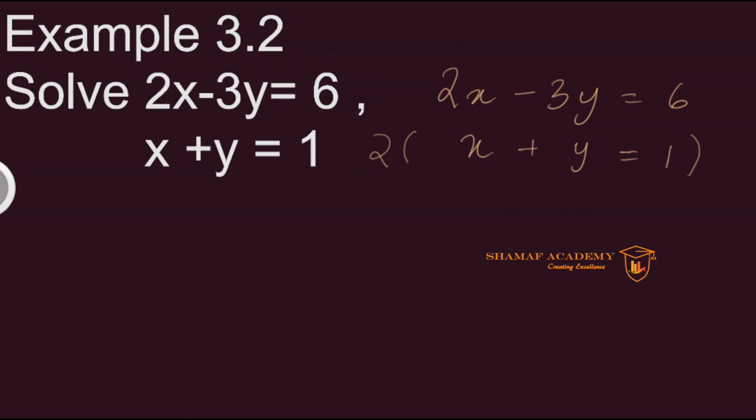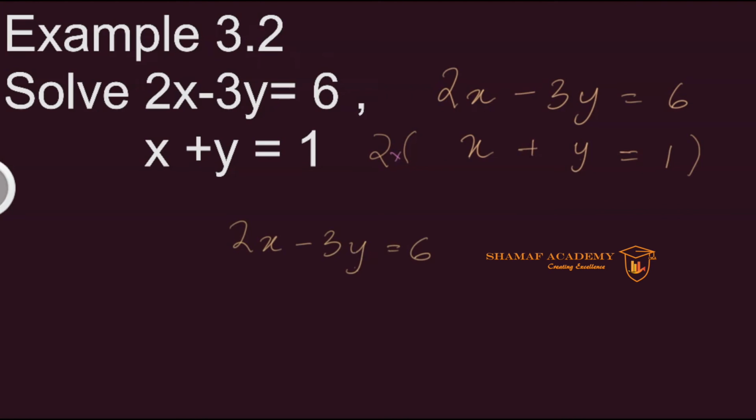Let me make it in a different color. So 2 times x, I'm going to multiply this with 2. So let me just write down the first equation here, 2x minus 3y.